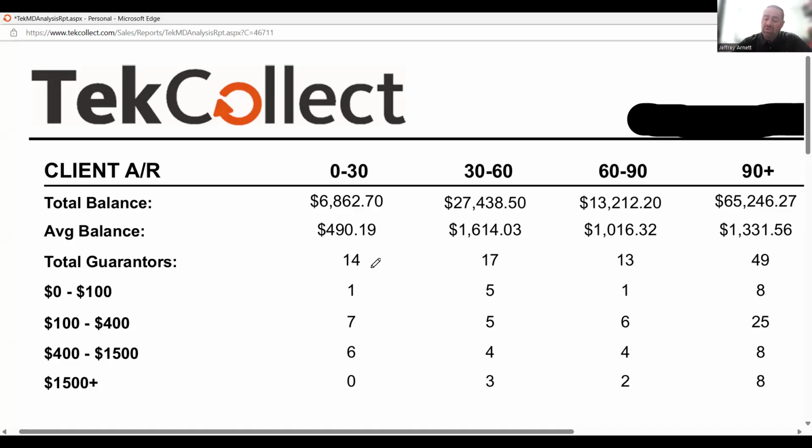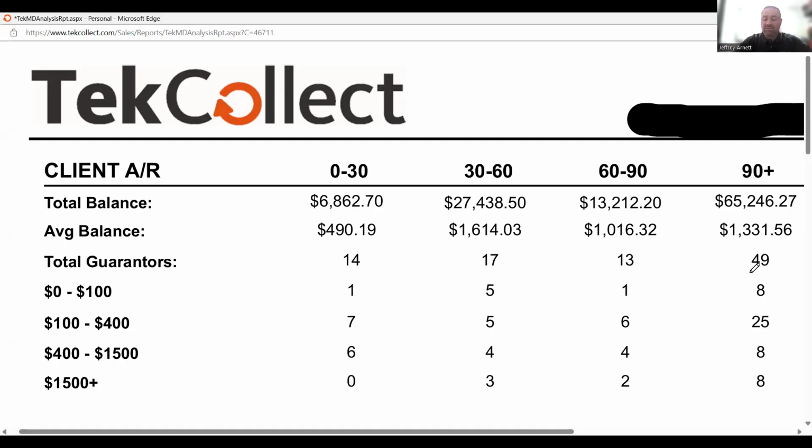So those numbers to shoot for in looking for a healthy AR is you want this number here in your 30-day column to be the highest percentage of your and your doctor's money. So in this situation, as you're looking, 14 accounts here, and you have 49 accounts at the 90-day plus, this particular practice was dealing with what they felt like was an unhealthy AR, and they wanted to try and create a better process for that.